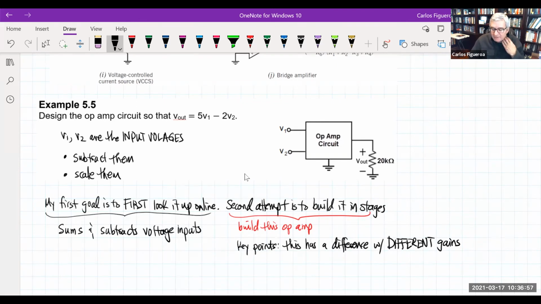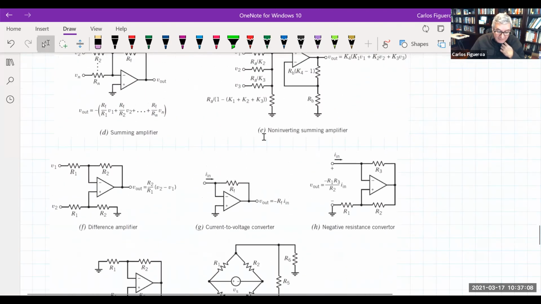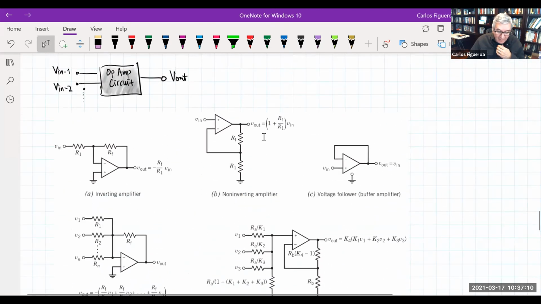And that's really the issue here. One of the things you could think about is the following: if I use an inverting amplifier, it gives me a minus sign. So I could immediately start with the minus sign.